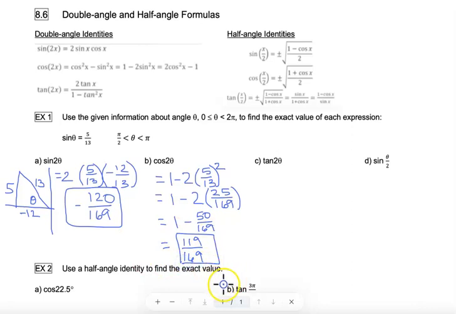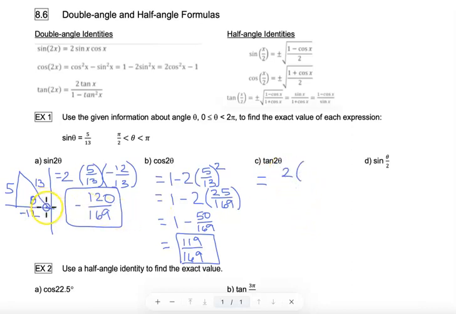And there's my answer for that guy. Tangent of theta, one option here: 2 tangent theta divided by 1 minus tangent squared. I need to look at my triangle again to make sure that I know what the tangent of theta is.